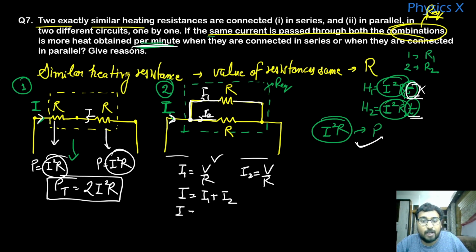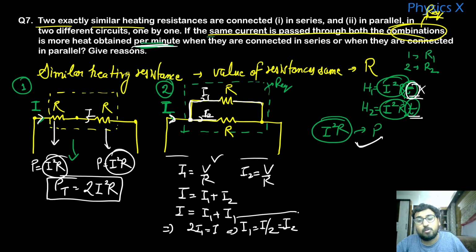So I can write I as I1 plus I1 only. This implies that 2I1 is equal to I, or I1 is equal to I by 2, which will be equal to I2 also. So that means I by 2 current is here and I by 2 current is here.